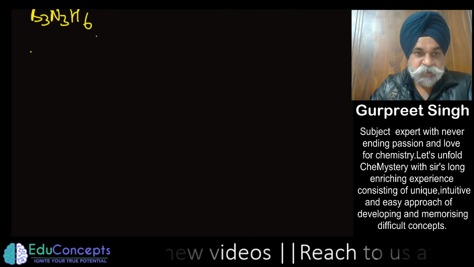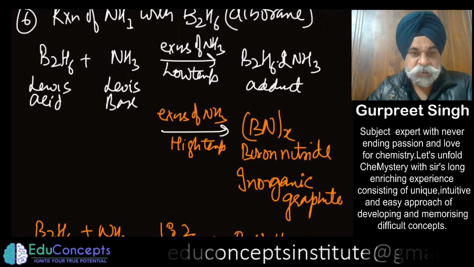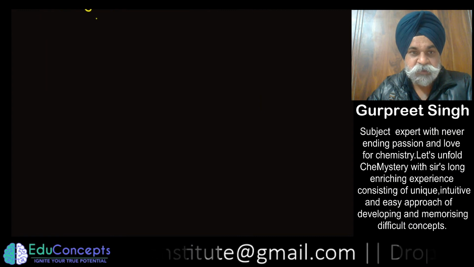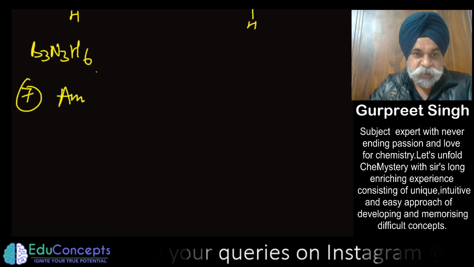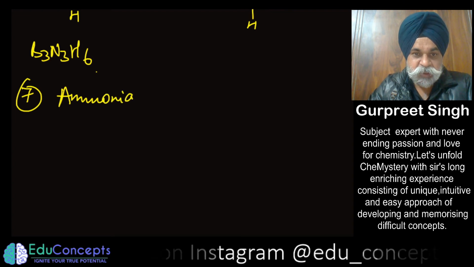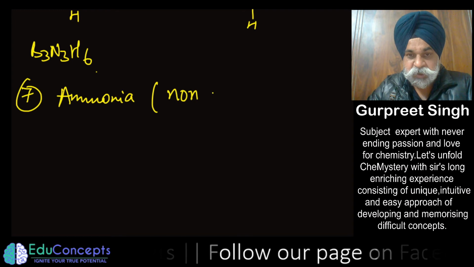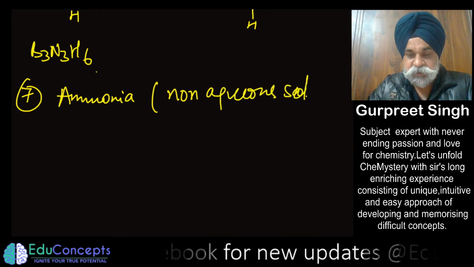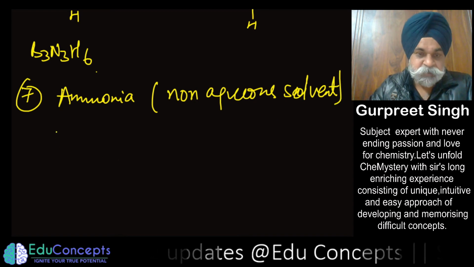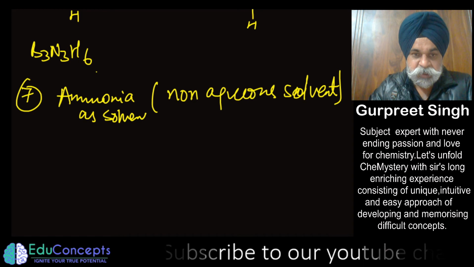This was reaction number 6, if you could recall. Now we go on to the 7th one. Ammonia as a solvent is also used as a non-aqueous solvent for the dissolution of some metals.